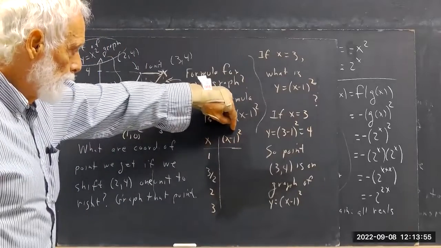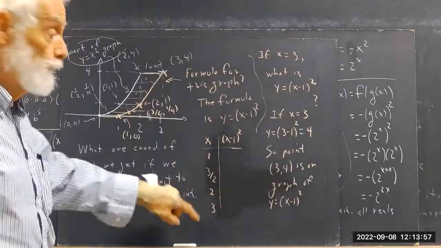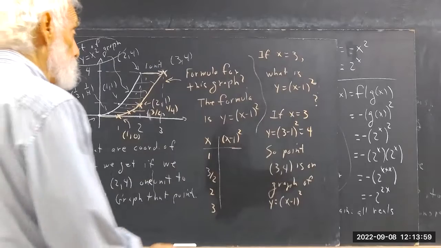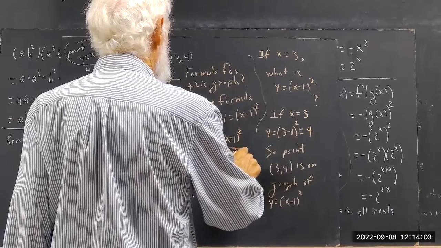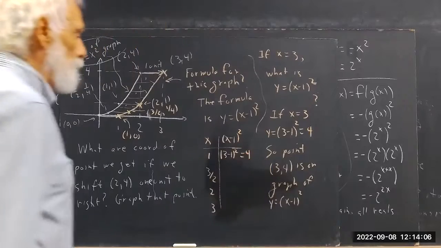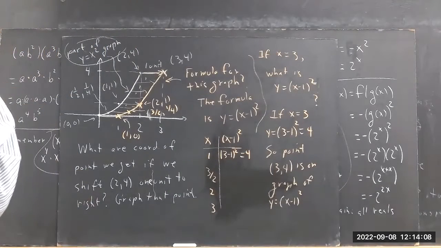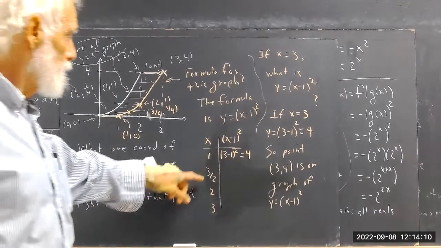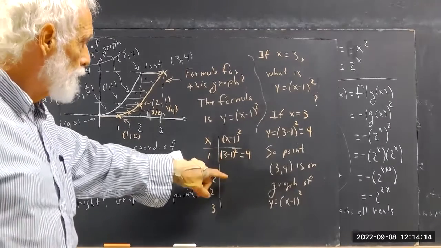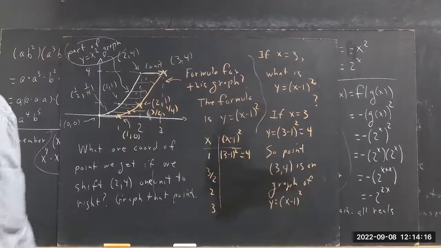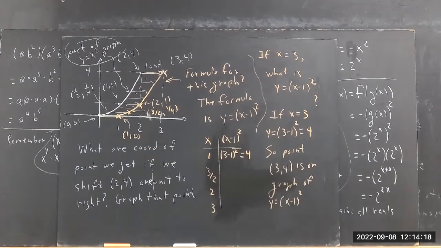Let's evaluate x minus 1 squared for each of these values. For 1, we already got it. 3 minus 1 squared is 4. For 3/2, 2, 3, if you plug those into the x minus 1 squared function, what do you get?